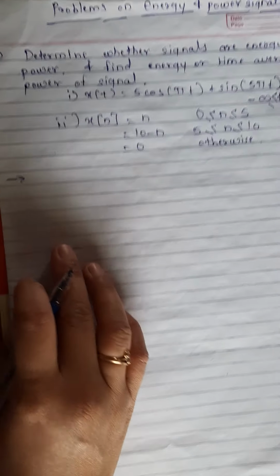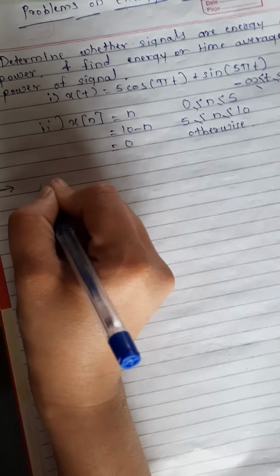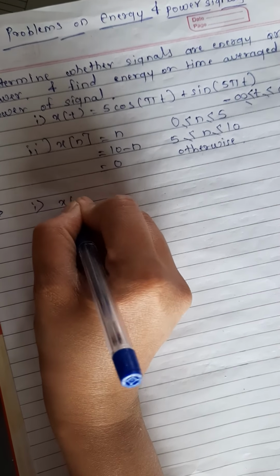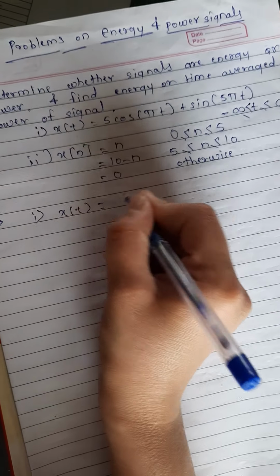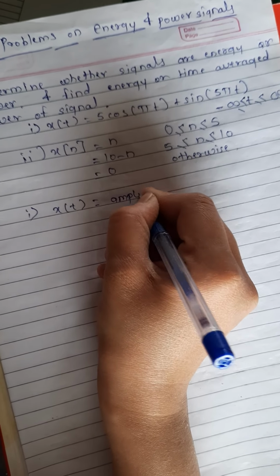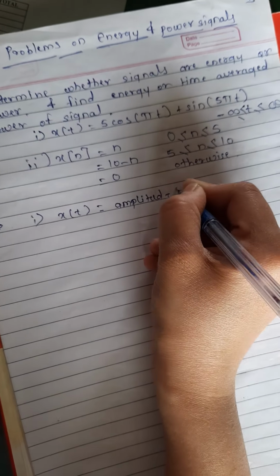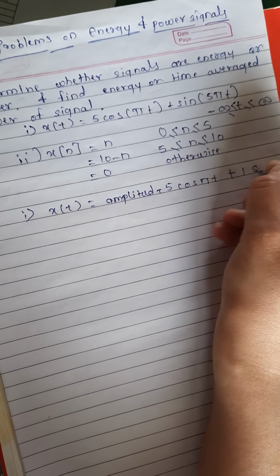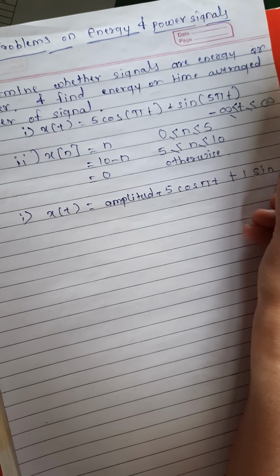So first, the solution for the first problem. x of t is equal to 5 cos pi t plus 1 sin 5 pi t, where the amplitude is 5.